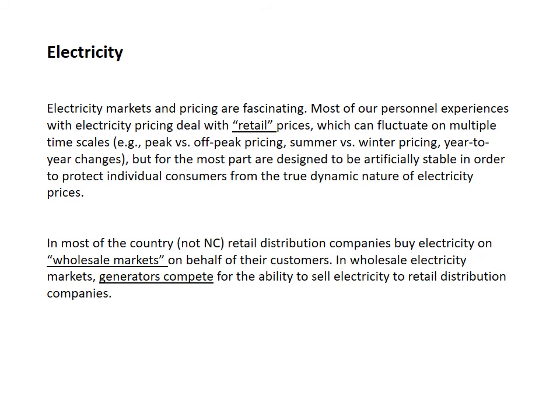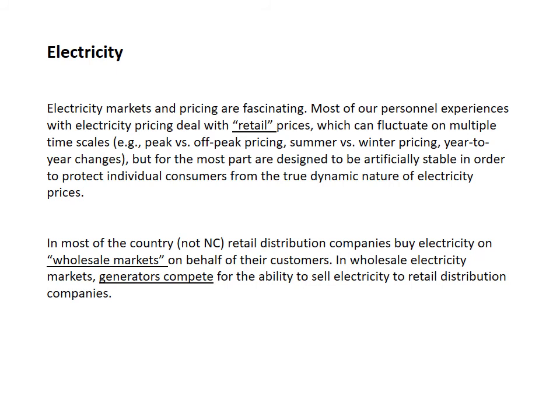Now, this is a foreign concept to a lot of people, because in North Carolina, our only interaction with our electricity provider is as retail customers. And we really don't have retail prices that fluctuate. In some parts of the country, you do have time of use retail prices that encourage people to reduce their consumption of electricity during peak hours by charging them more.